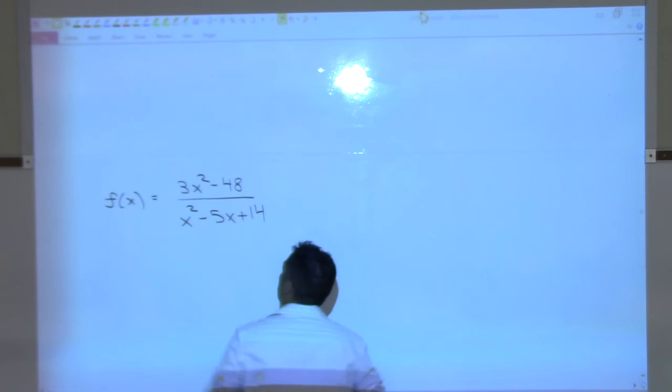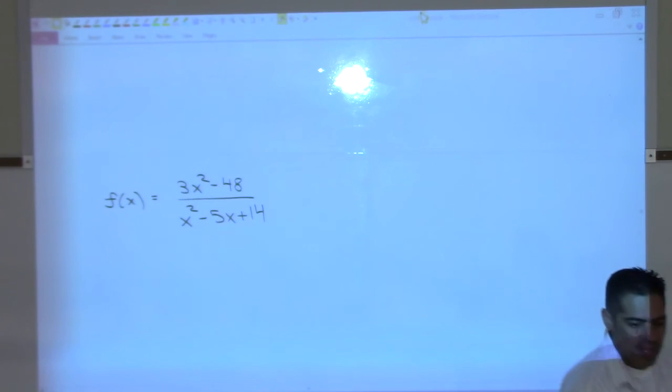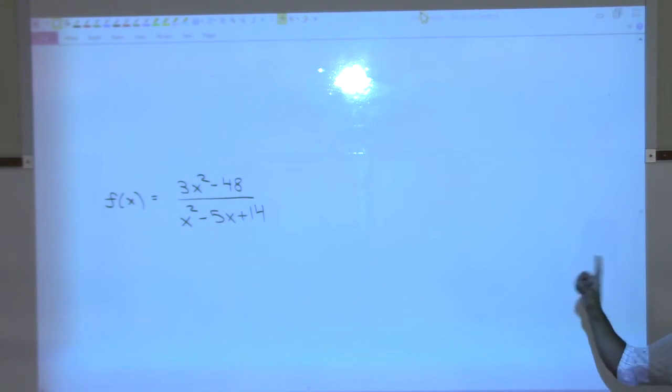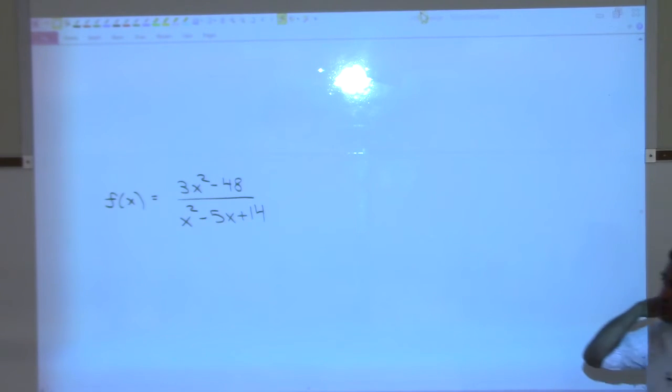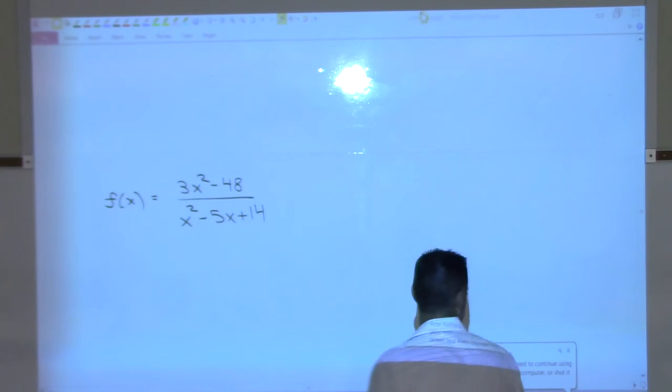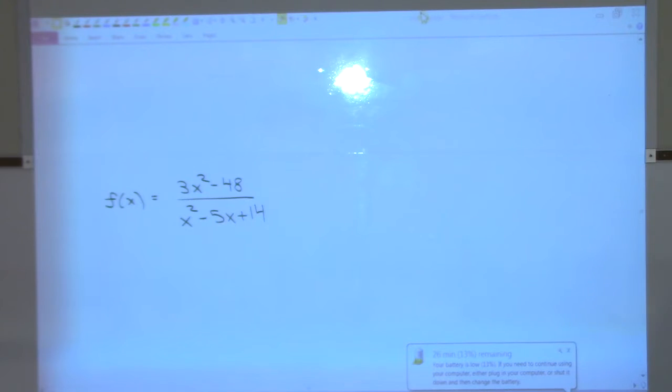Okay, I'm going to go pretty quick through this, all right? This is a rational function, right? First step for rational functions, I believe I told you, is to find the x-intercepts. So what are the x-intercepts? How do we find those? Set the numerator equal to 0.